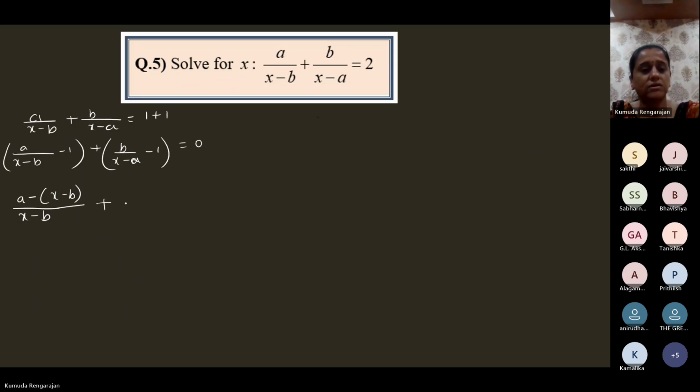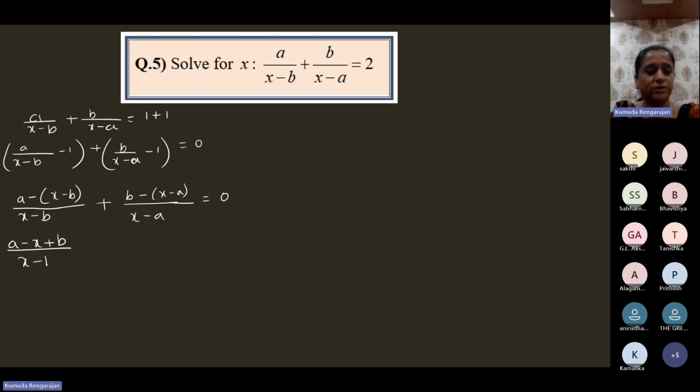Plus LCM x minus a, b minus x plus a, correct? Is equal to 0. So we have a minus x plus b by x minus b plus b minus x plus a by x minus a is equal to 0.